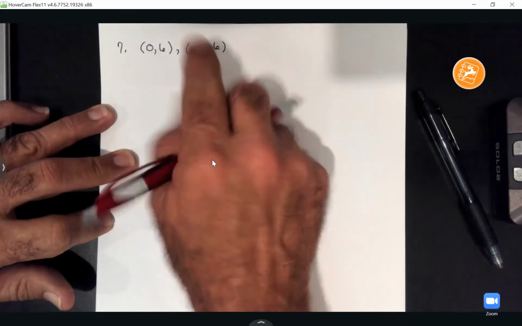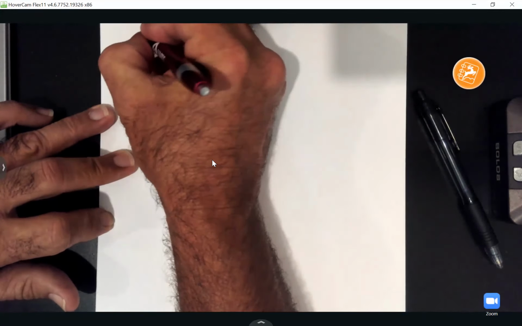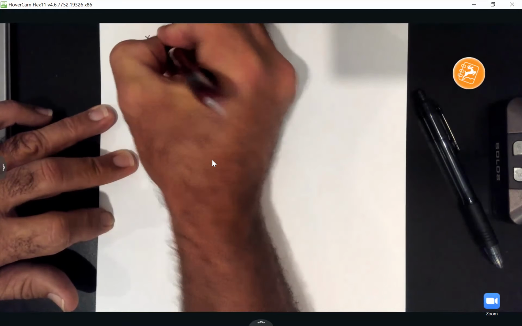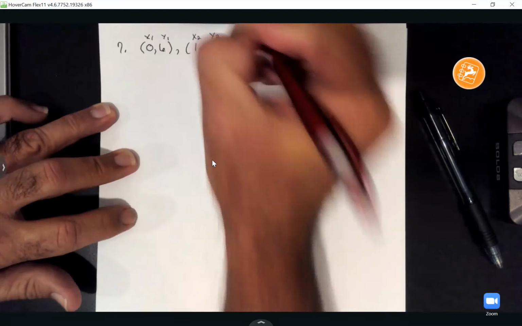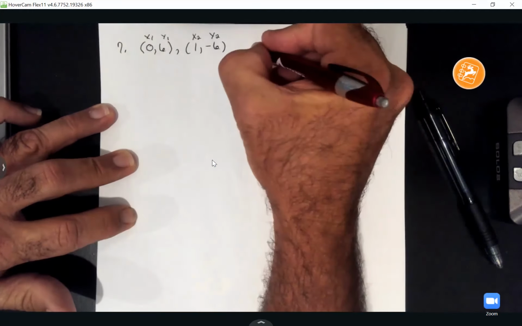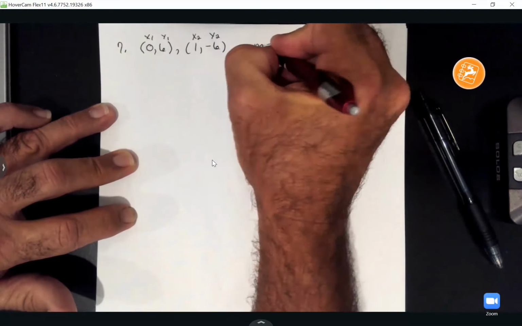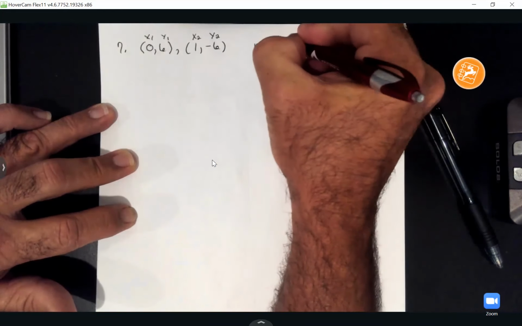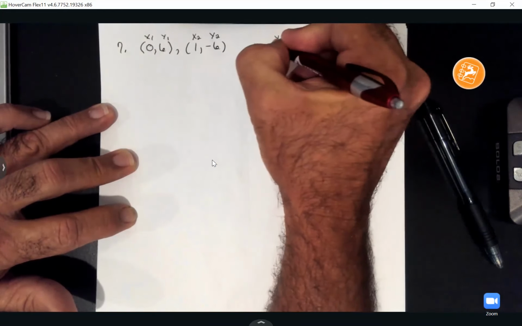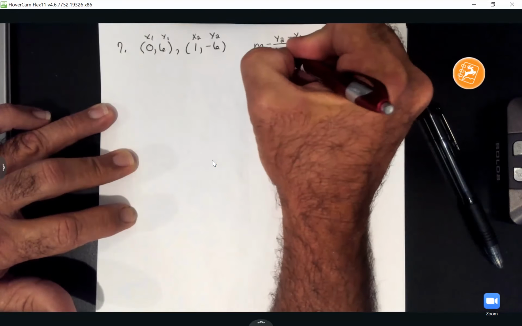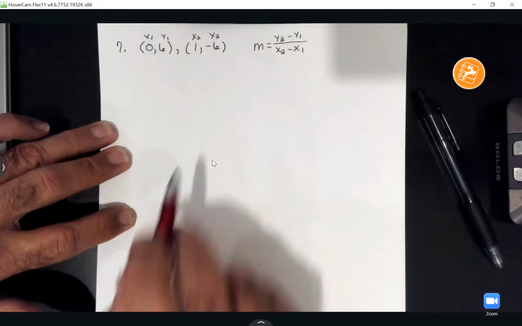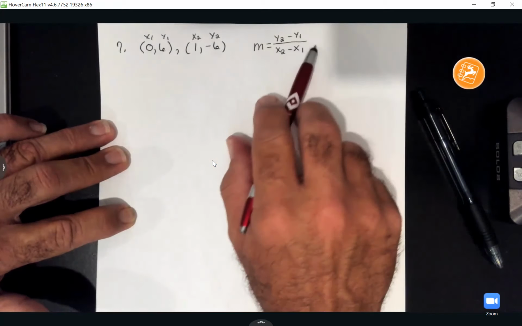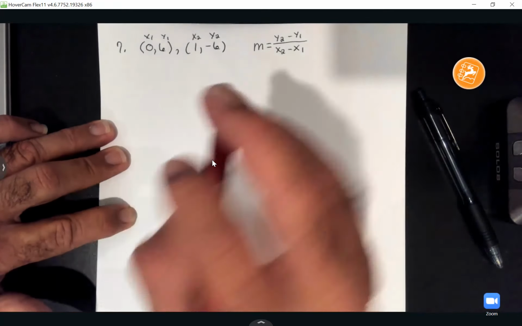So y'all, here's my points. I'm going to let this be x1 and y1. This will be x2 and y2. And I'm going to use the slope formula, m equals y2 minus y1 over x2 minus x1. So I'm just going to plug in for these y's and x's and then see what I get.